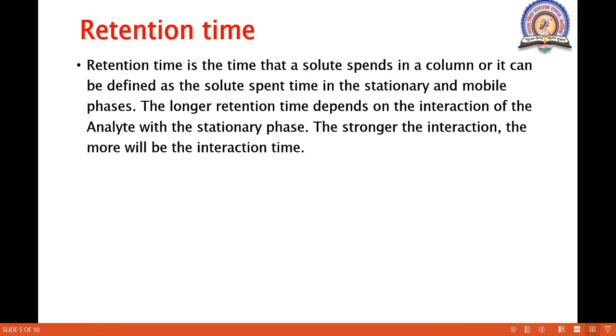The longer retention time depends on the interaction of the analyte with the stationary phase. The stronger the interaction, the more will be the retention time, or the more will be the interaction time.